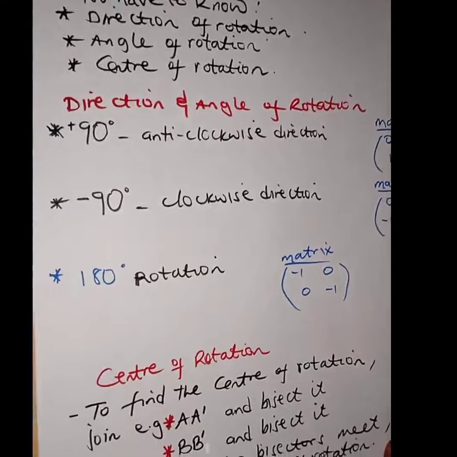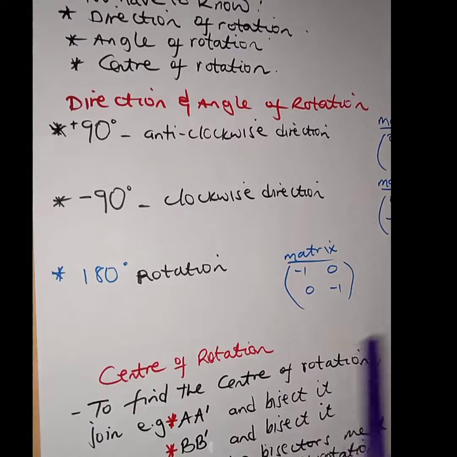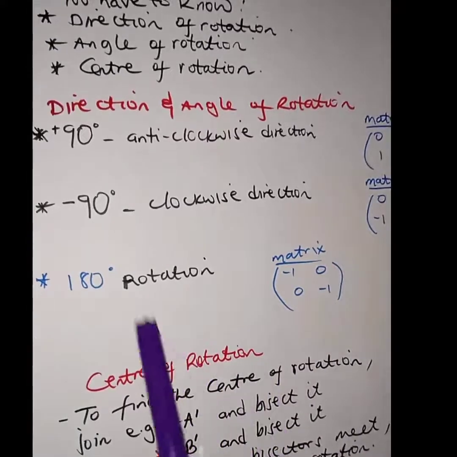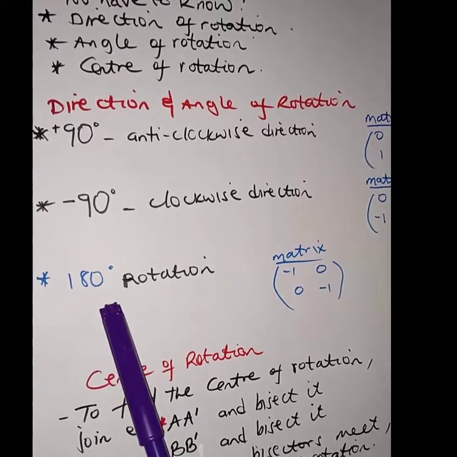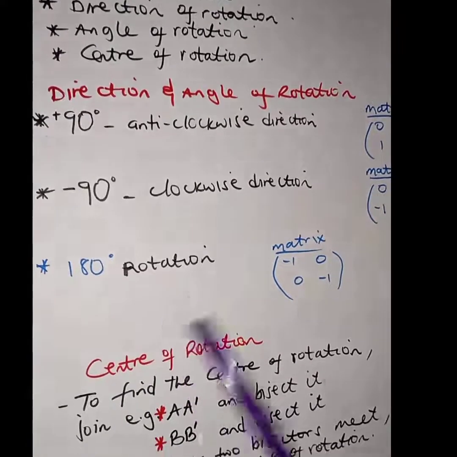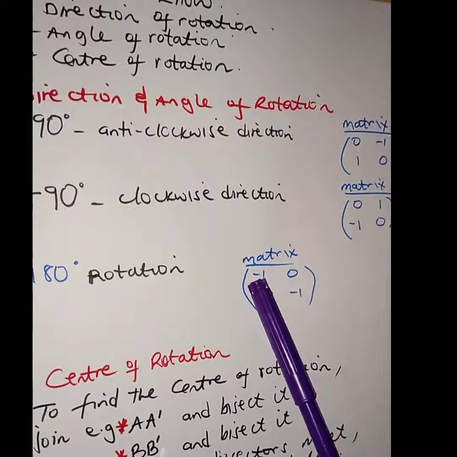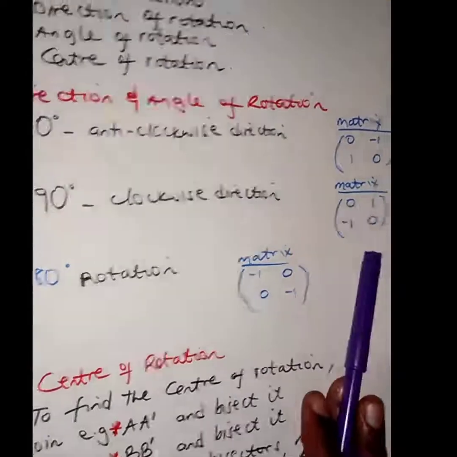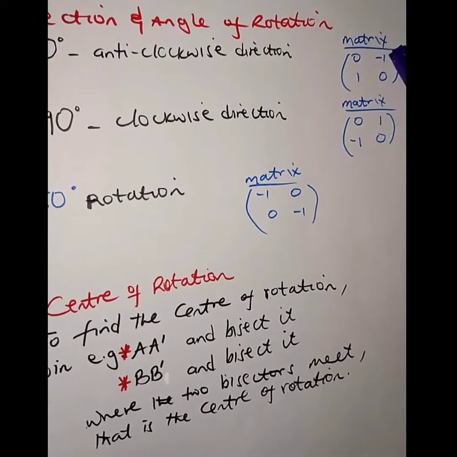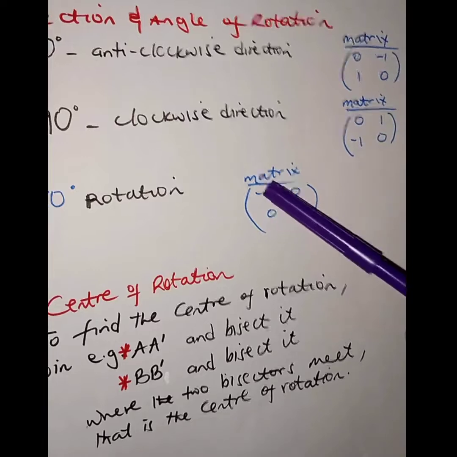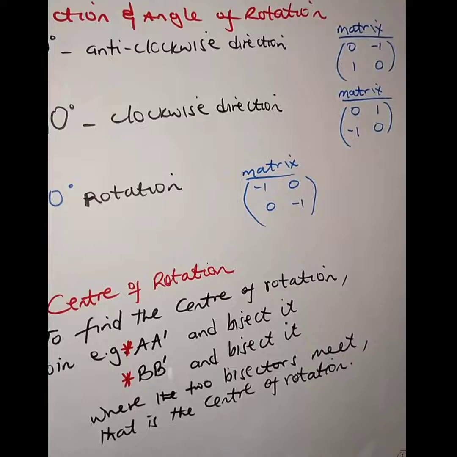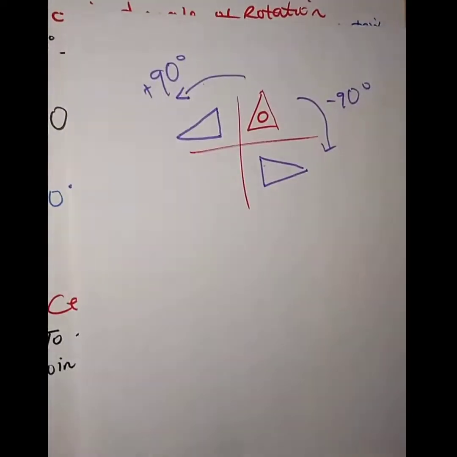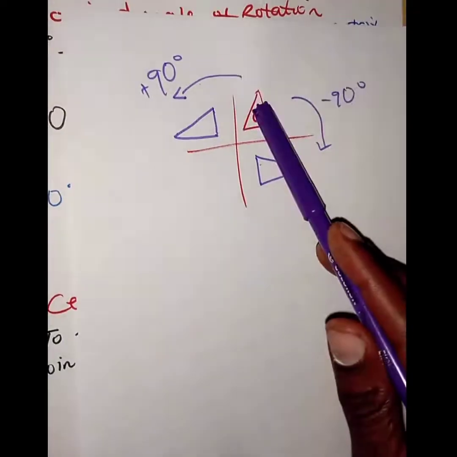The other angle and direction of rotation, we have 180 degrees rotation. The matrix is -1, 0, 0, -1. You see the difference? Have you seen how the numbers were arranged? The ones are in this way, both carrying a negative. So 180 means, you see the object was here.